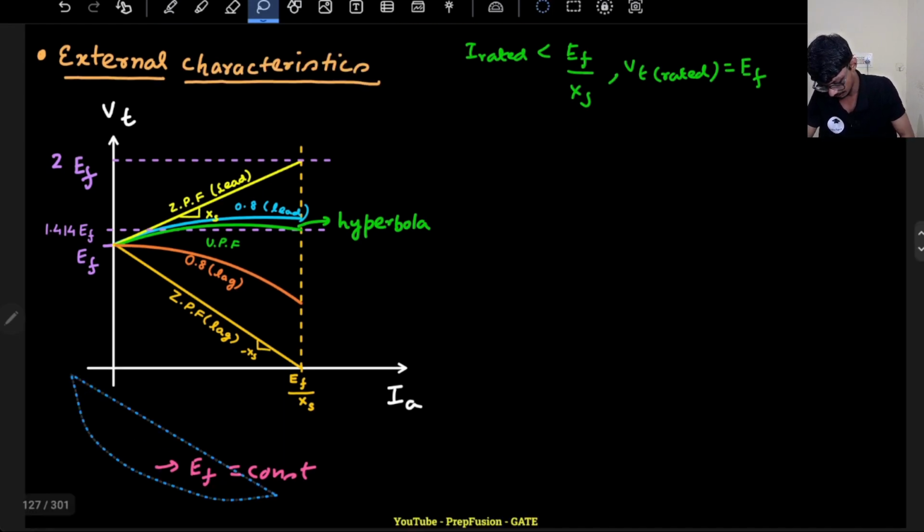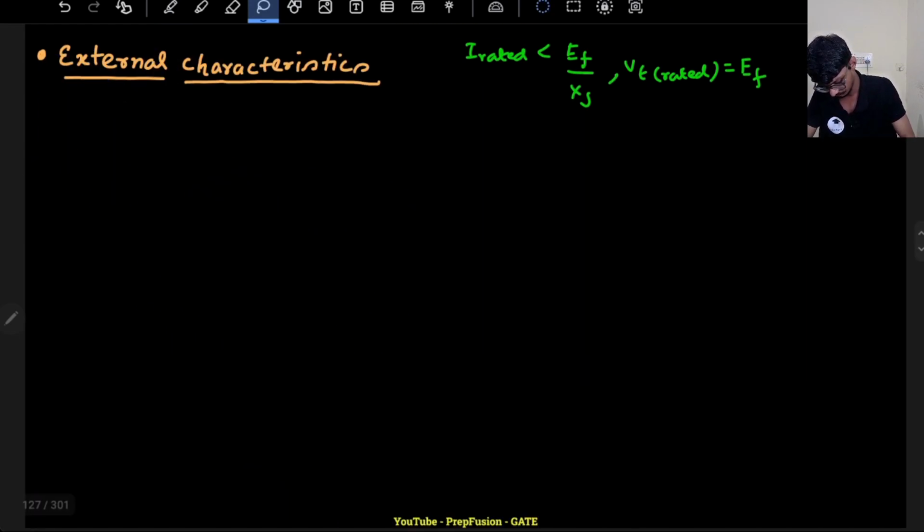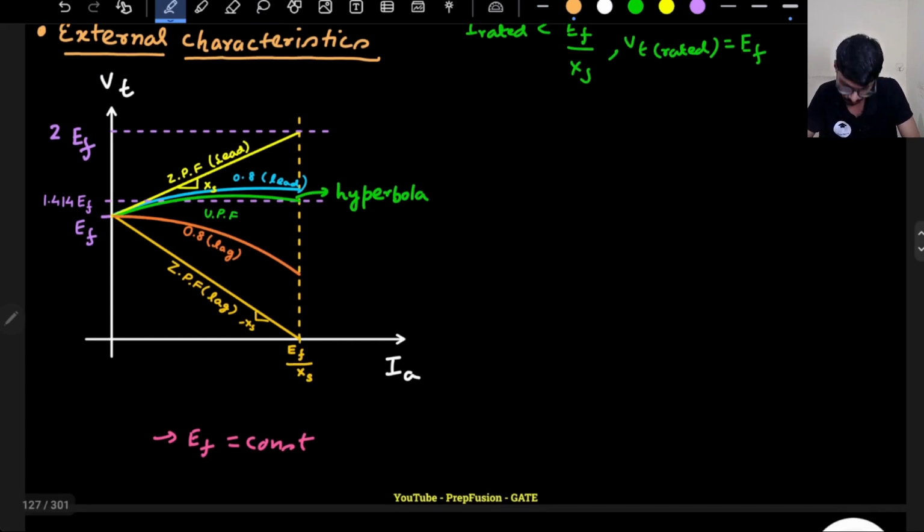So this is called the external characteristics.